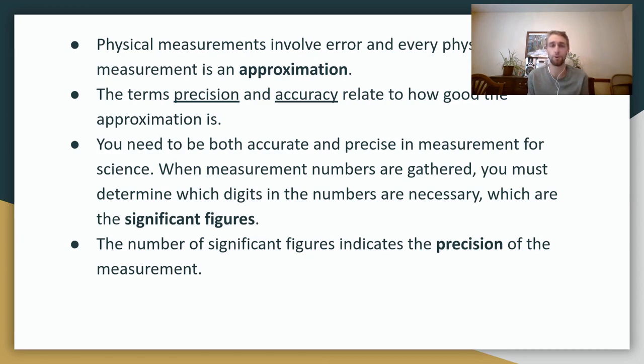So to a scientist, the number 6 is different than the number 6.0, which is different than the number 6.000. A mathematician would say those numbers are all equal, but a scientist would read those differently. They have different numbers of significant figures, or different amounts of precision. That's a confusing idea, but I promise I'm going to explain it in detail and I'll tell you what you need to know.